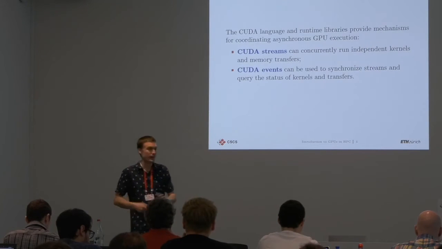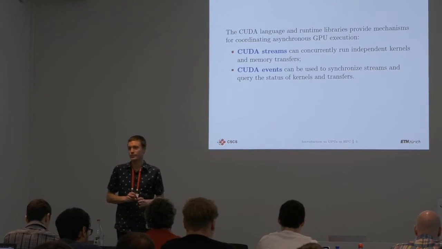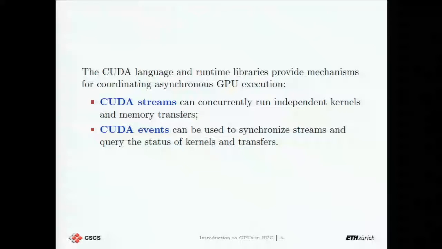So the CUDA language and runtime gives us two basic mechanisms that we can use to control asynchronous work on the GPU. The first is CUDA streams. Different CUDA streams can concurrently run different kernels at the same time.